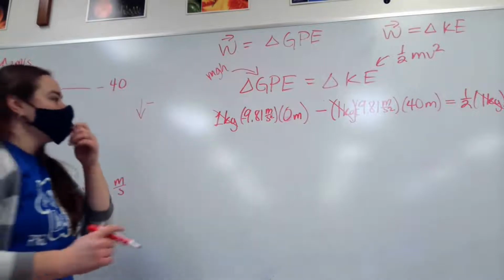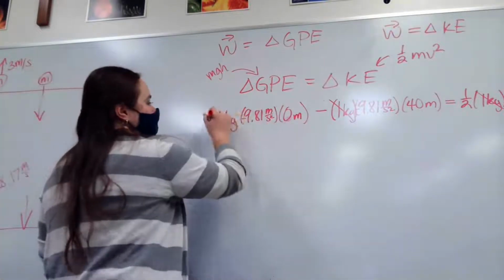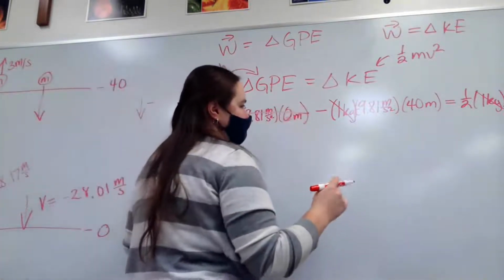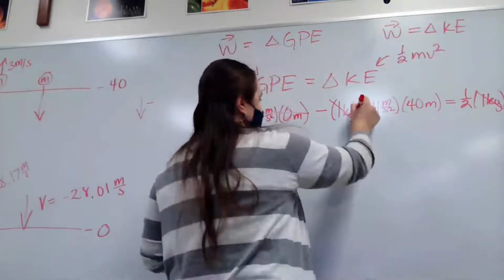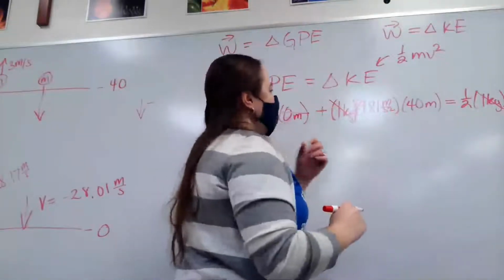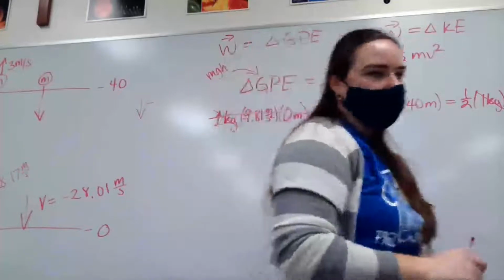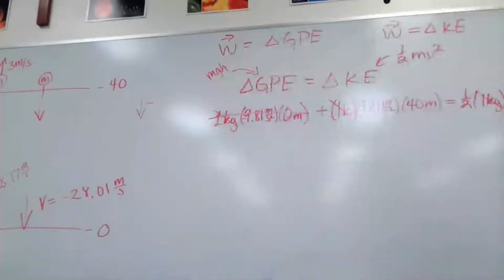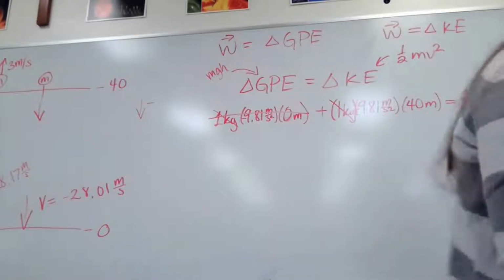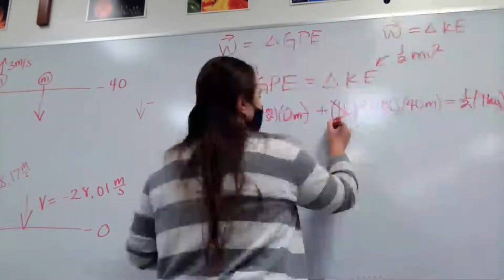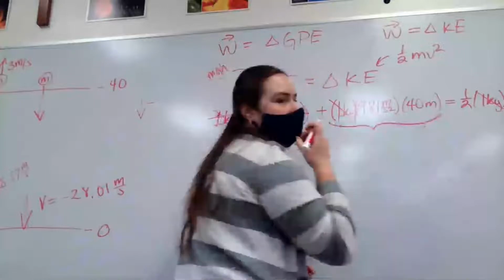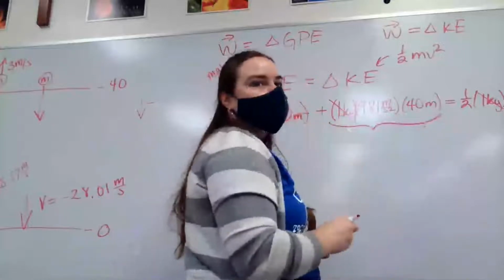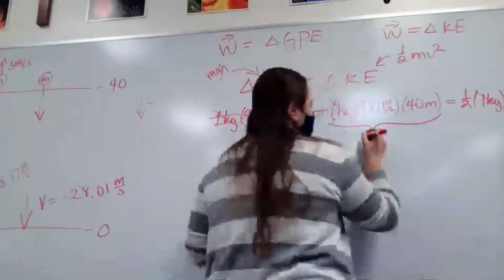All right, so here we've got a 0. This whole thing's going to go to 0. We've got 2 negative signs here, so this is going to go to positive 9.81 times 40. What do we get for this? 392.4.